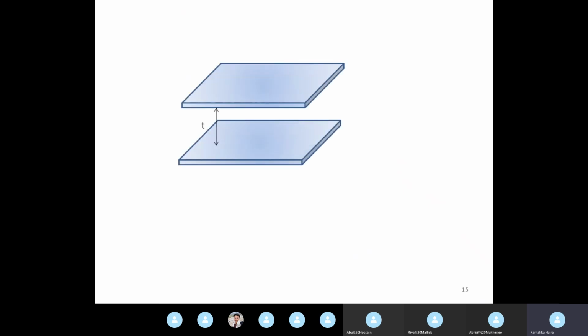Now, I've just sort of tried to show you, because this is much easier to show in class, using my hands and gestures, but I've tried to show you with the help of a sort of 3D figure what is meant by fringes of equal inclination. See, this is the thin parallel film, okay?